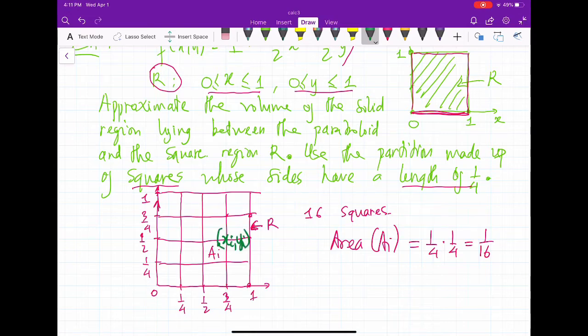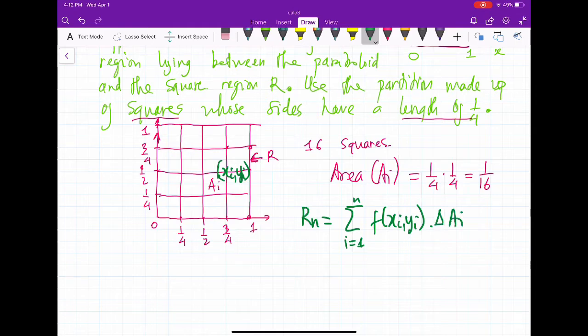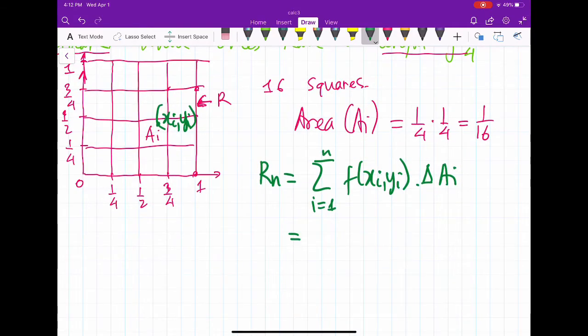Then from there we can write the Riemann sum R_n equal to the sum from i equals 1 to n of f(x_i, y_i) times ΔA_i. We just need to plug (x_i, y_i) into the function.